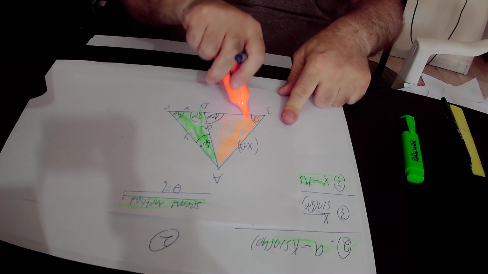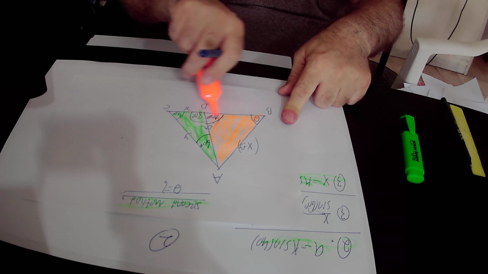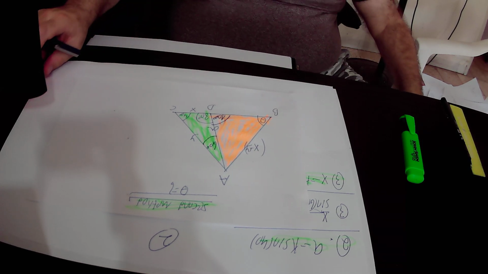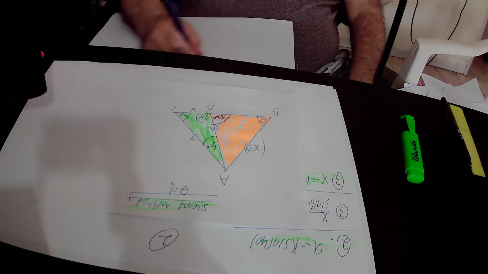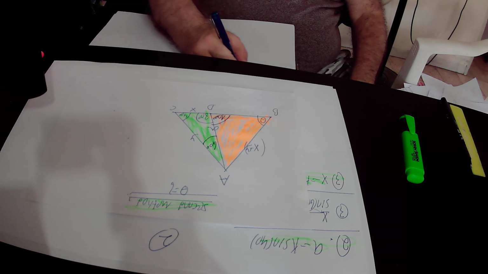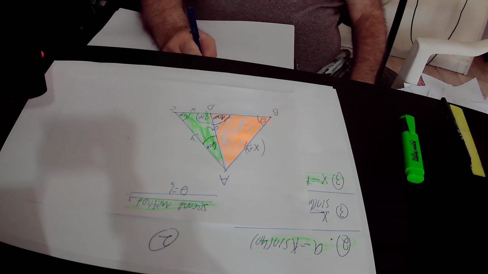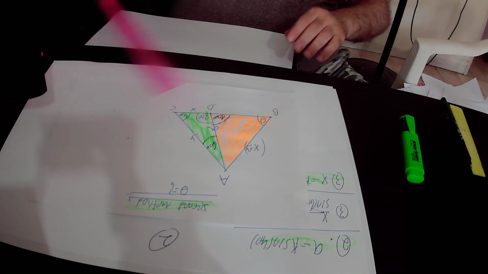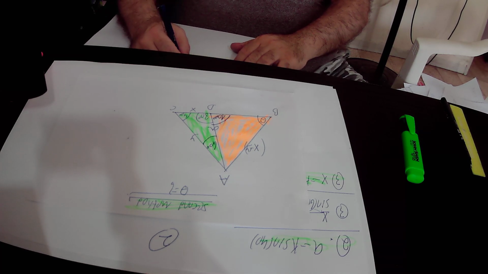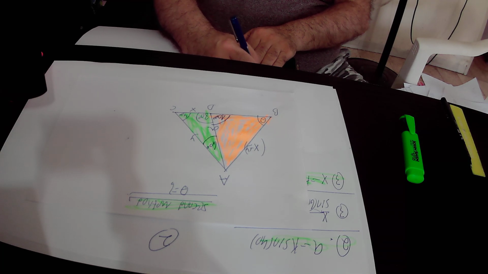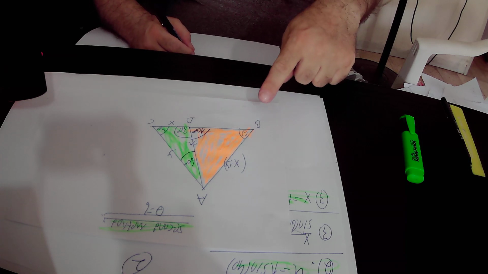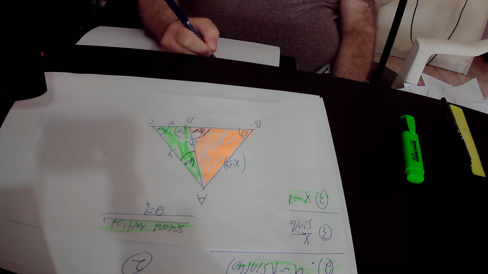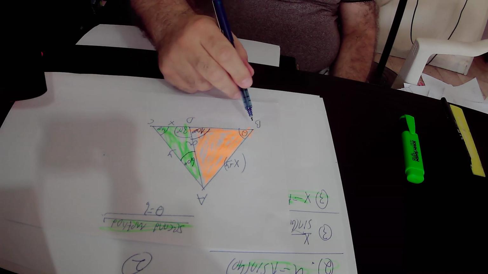So in the orange triangle, triangle ABD, according to the law of sines, we get that AD over sine theta equals AB over sine 100 degrees.